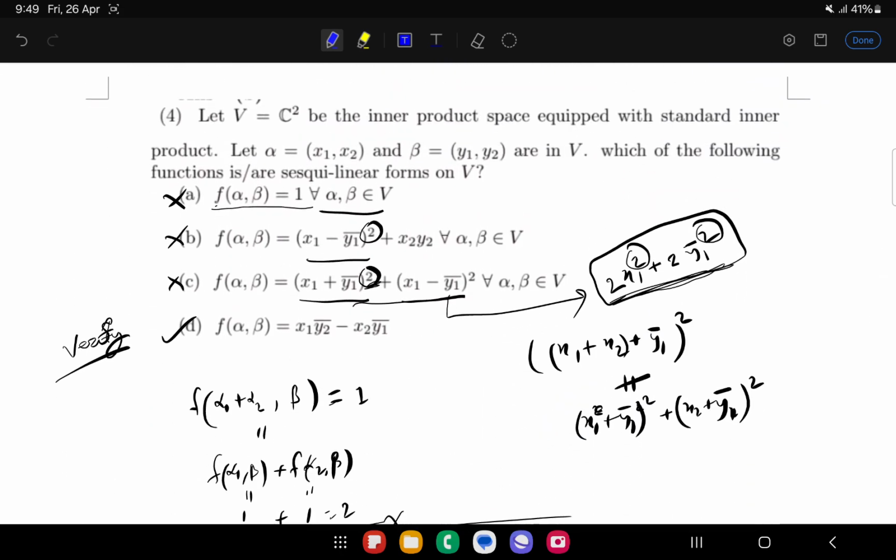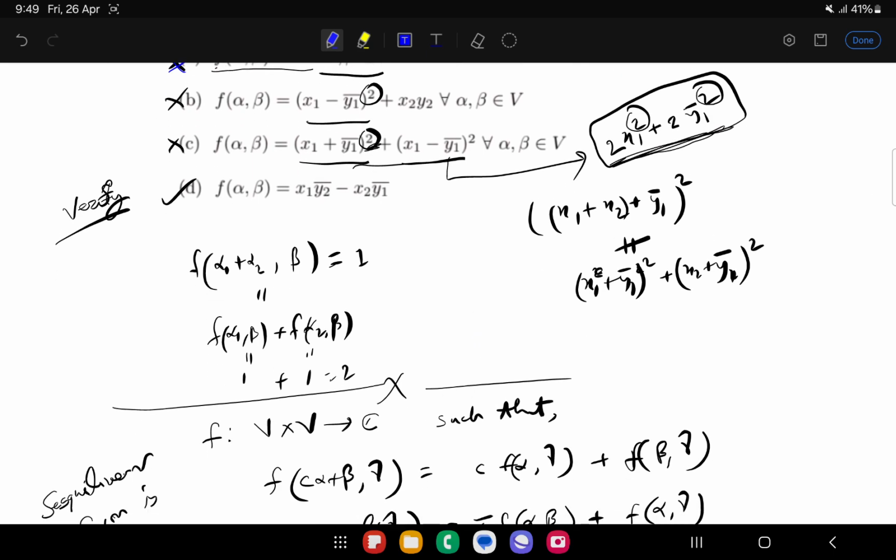Sorry, let V be C2 with the standard inner product, and alpha, beta be two vectors in V. Which of the following are sesquilinear forms? This one is incorrect because it doesn't follow linearity.